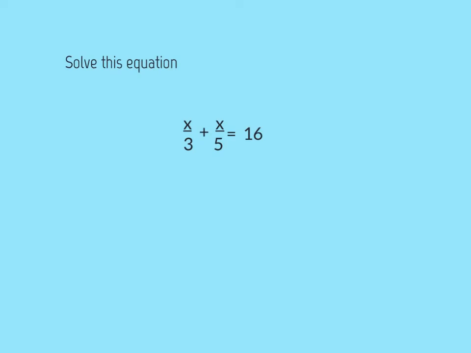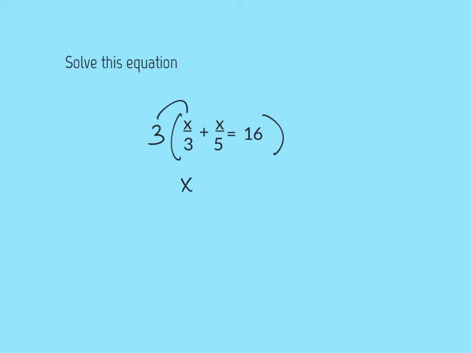So the first thing I'm going to do is multiply this whole equation by 3. Again, as we multiply every term by the same thing, it keeps the equation equivalent. When I multiply 3 over x, that's the fraction, times 3, those 3's will cancel each other out, and so we'll be left with just x.